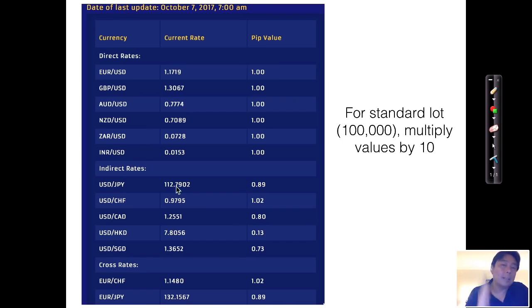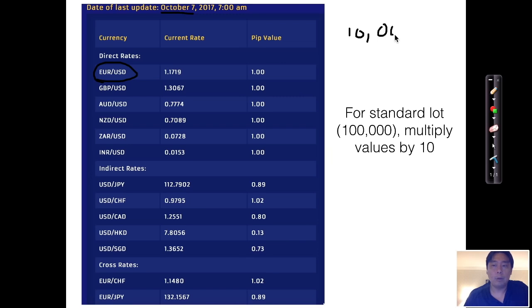So you have to get the latest update on that day, okay? So on this day, when I log in, it's the 7th of October. So as of the 7th of October, you can see that for Euro USD, the value of one pip is, now, this table is based on a mini lot of 10,000.